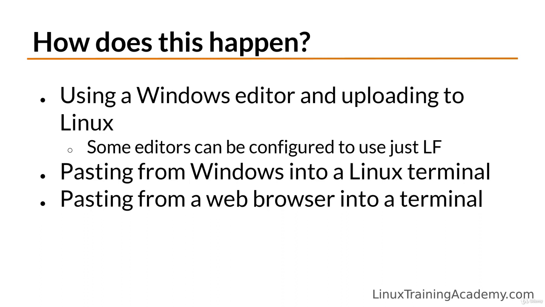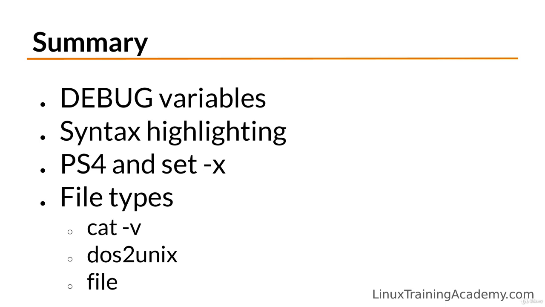You can also end up with unwanted characters in your shell scripts if you copy some text from your Windows computer and paste it into your PuTTY window. Even if you're using an all Linux system, the copy and paste action can still get you. For example, if you copy some text from a web page that has carriage returns and then paste that into a text file, that file may contain those carriage returns.